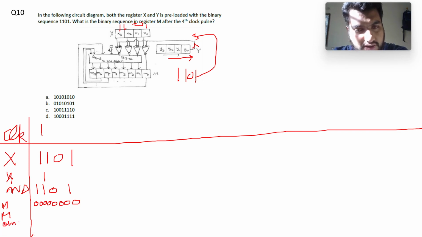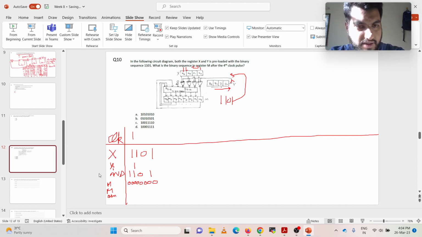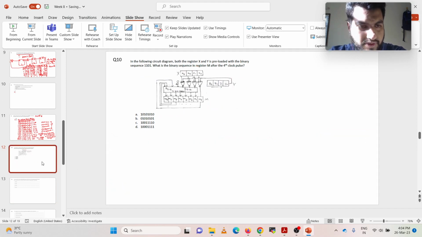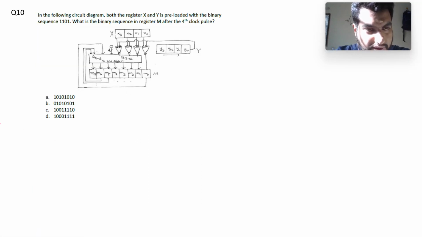Since we have space issues, let me use a new slide here. I'll push it slightly upwards so we don't have any space crunch.